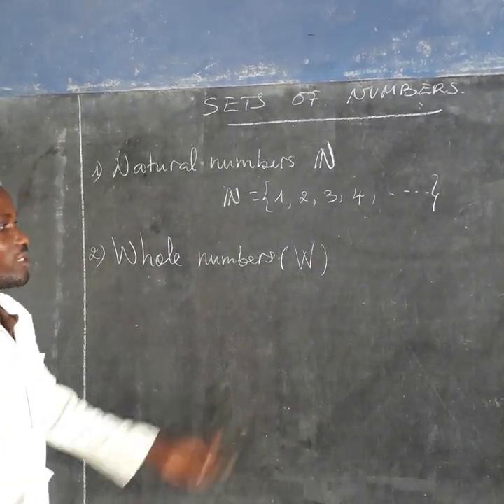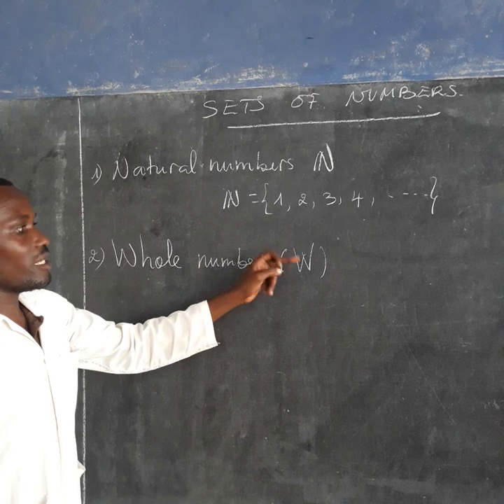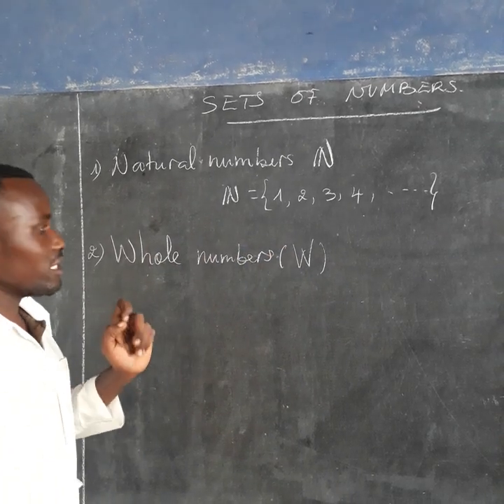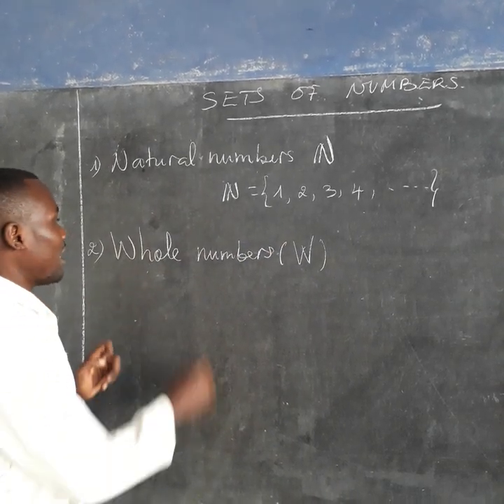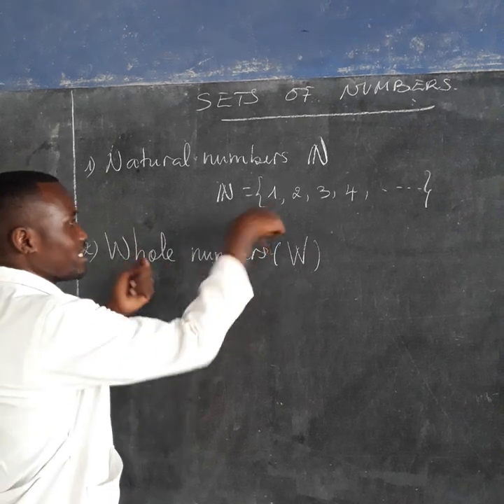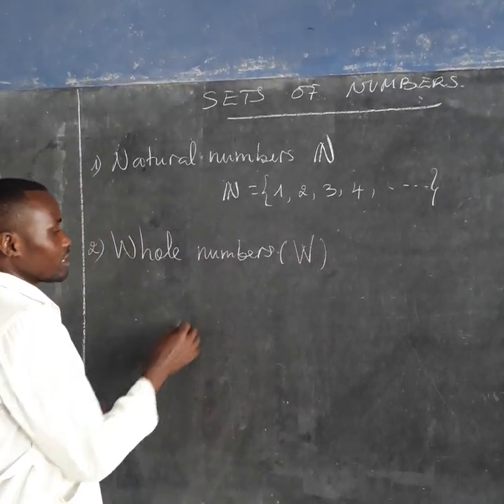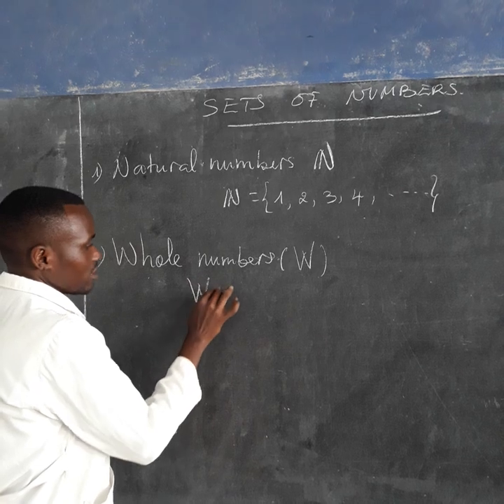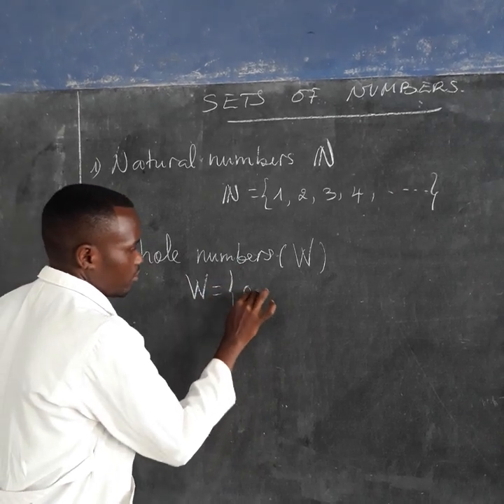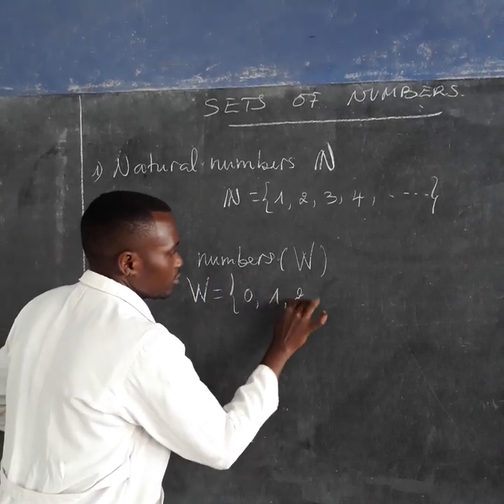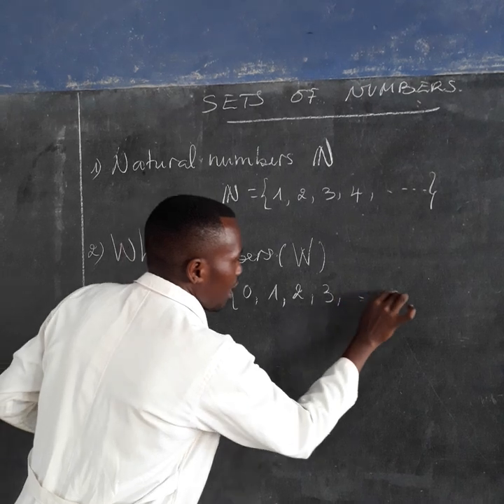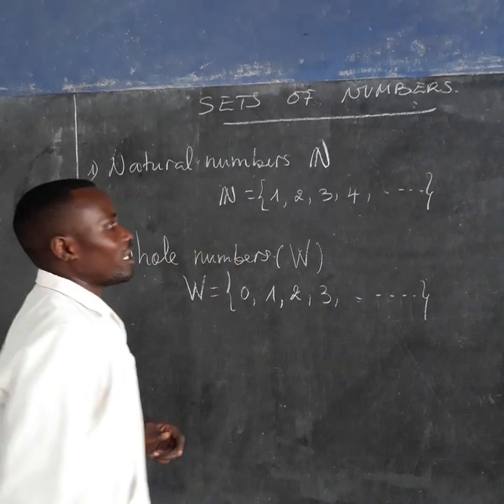Within the whole numbers, it is a number which does not contain a decimal point. And here, we can now add a 0 to natural numbers to get whole numbers. So the set of whole numbers, we start from 0, 1, 2, 3, and you continue like that.